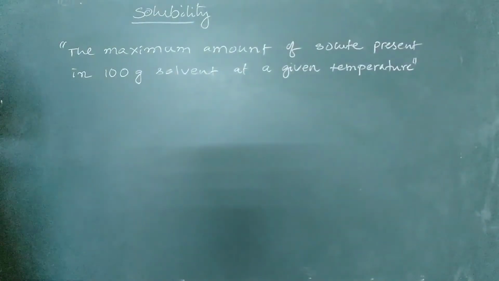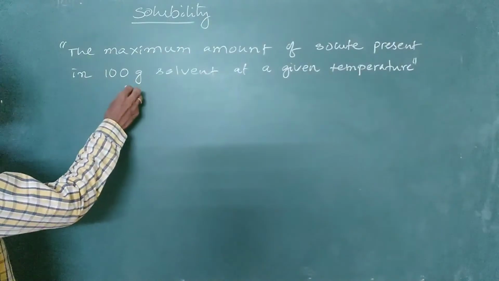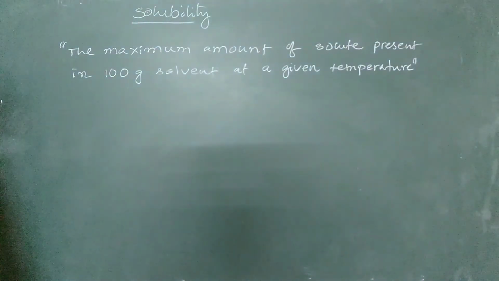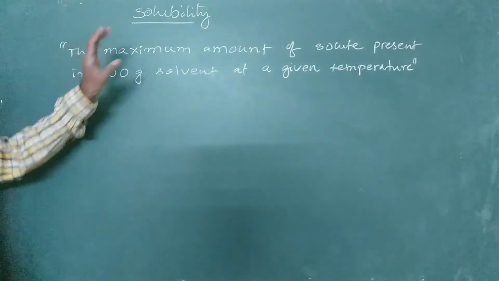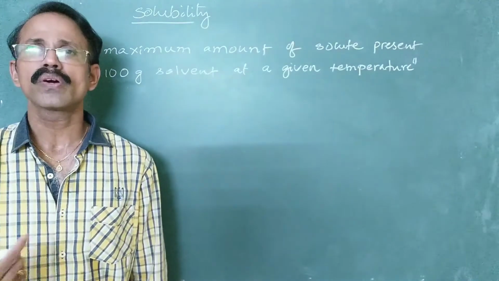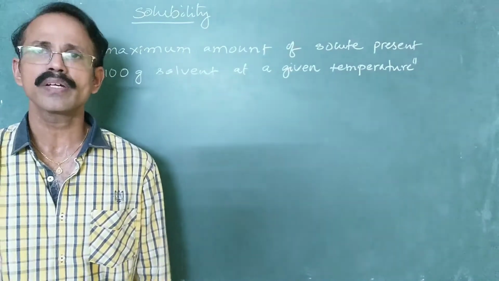So it is the maximum amount of solute present in 100 grams of solvent at a given temperature. Usually the amount of solvent is taken as 100 grams. So that means it is the solute that is present in a saturated solution.